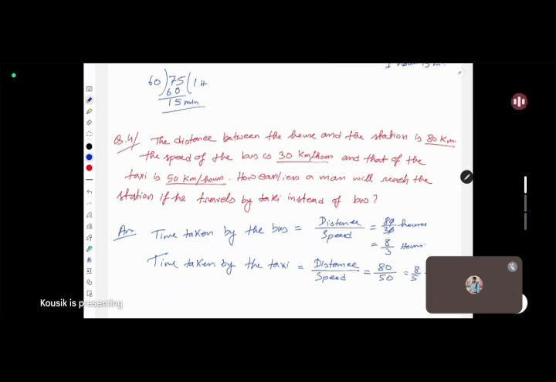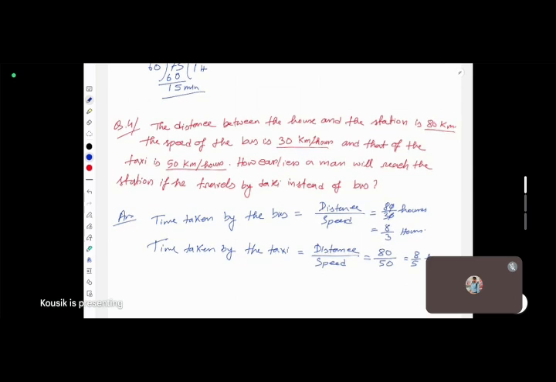So which is greater, 8 by 3 or 8 by 5? 8 by 3 is greater. When the numerator is greater, the fraction is greater. When the denominator is greater, the fraction is lesser.